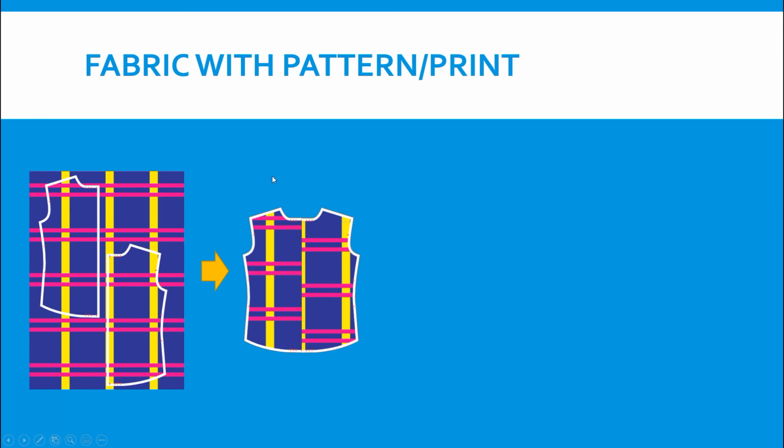So if you are using pattern or print fabric, make sure to position your pattern pieces carefully with extra attention. Because of this reason, positioning can be trickier and it will most likely consume more material.